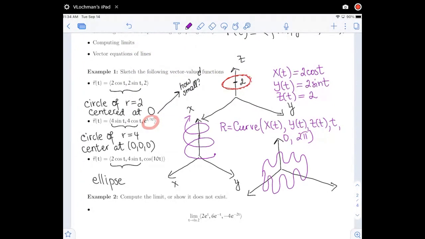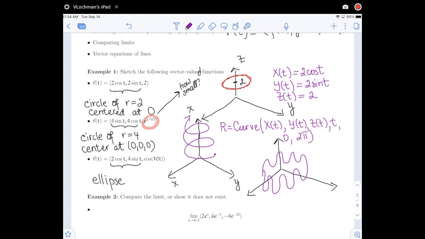A good exercise is to sketch this using the application that I linked for you on Blackboard. But in general, if it's on a quiz or a test, I'm either going to give you the curve or the picture of the curve, or it's going to be simple enough to sketch by hand, something like a line.